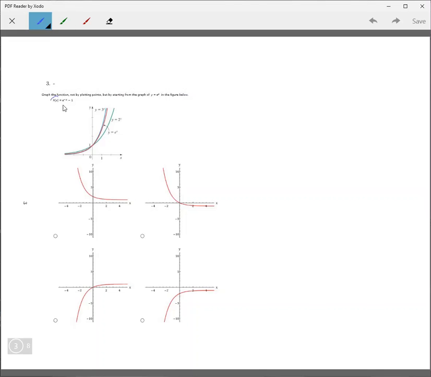Okay, start again. So this is inside, so that will be a reflection through the y-axis. It'll be a horizontal reflection through the y-axis. And this part right here is outside, so that will be a shift down by 1.